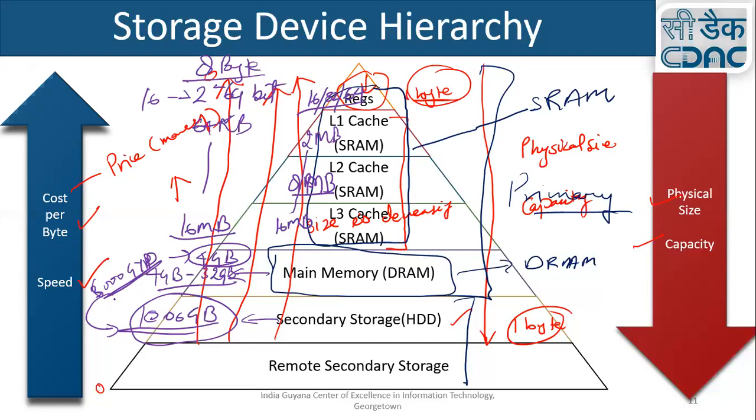So this is the difference in price. The cost per bit or per byte is high for the top levels, and the lower levels are much cheaper.